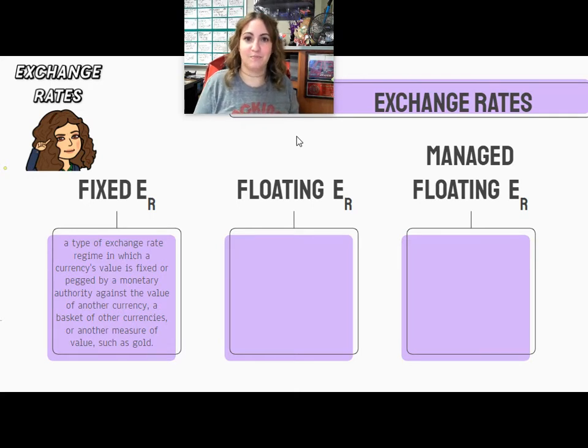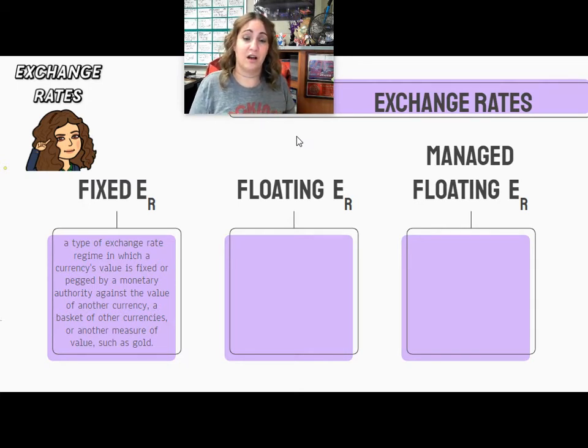If our dollar is based on the value of gold, and now the value of gold is drastically changing because of discoveries of gold, it's going to change your entire monetary policy because you are not having a fixed currency value. It's not stable.